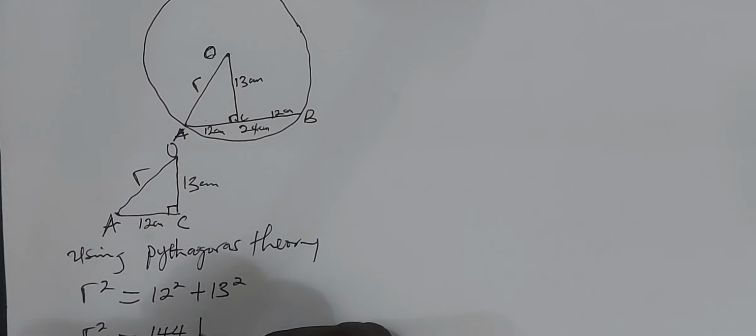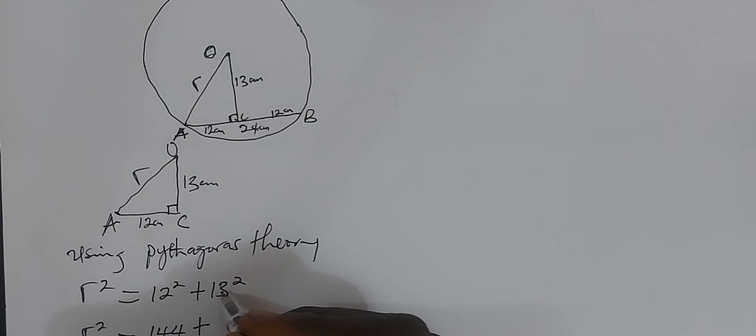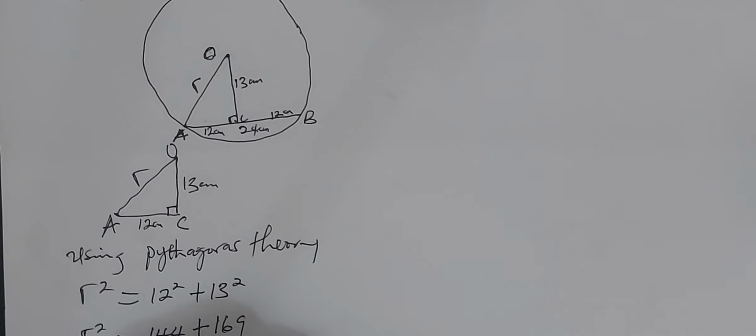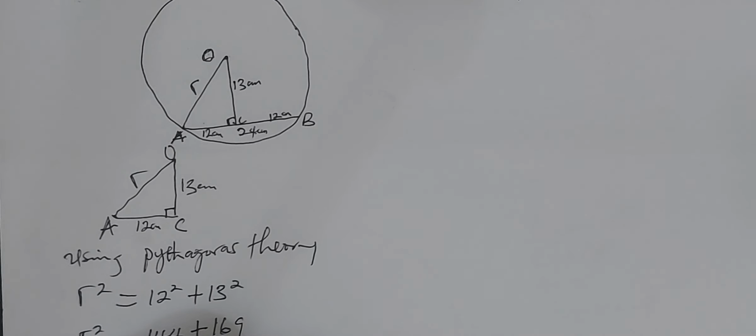So R squared is equal to the square of 12, which is 12 times 12, which is 144, plus the square of 13, which is 13 times 13, you have 169. So let's add the two together. 9 plus 4 is 13, carry 1. 4 plus 6, 10, plus 1, 11, carry 1. 1 plus 1 is 2, plus 1 is 3.